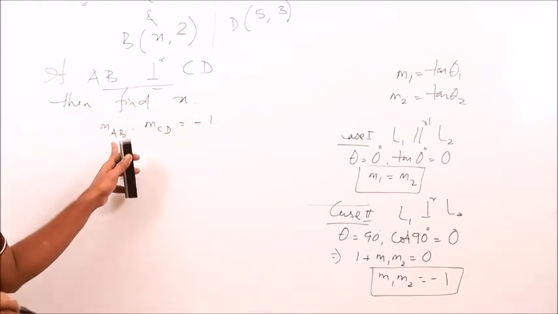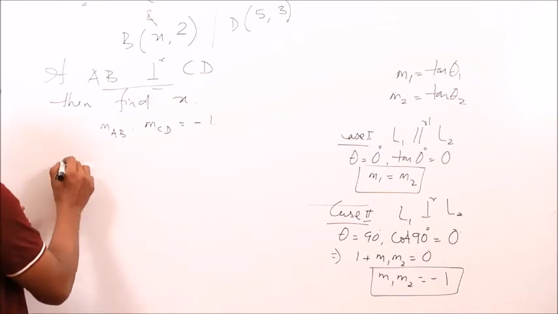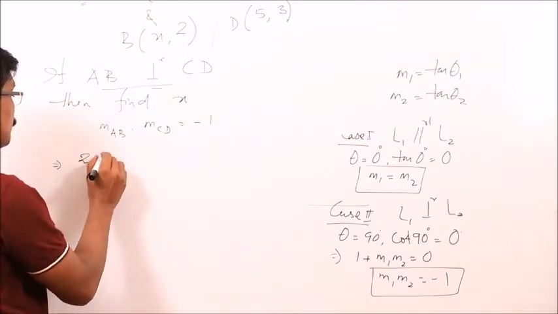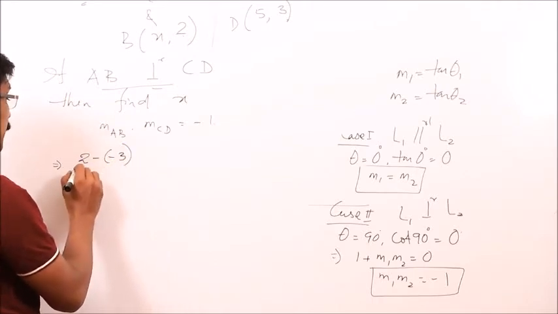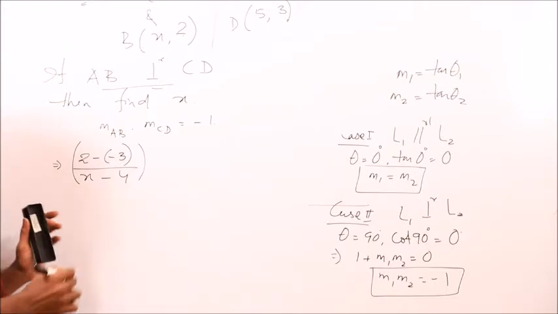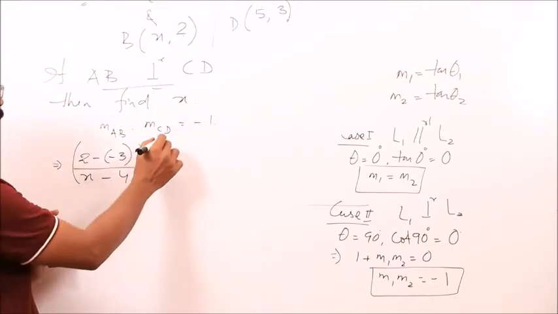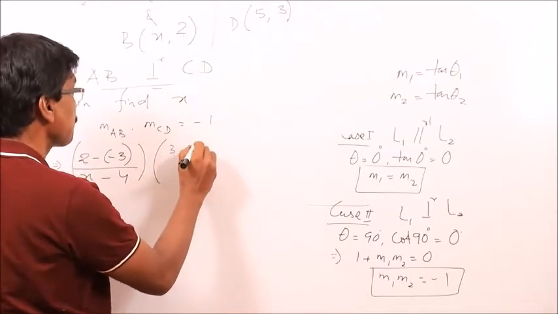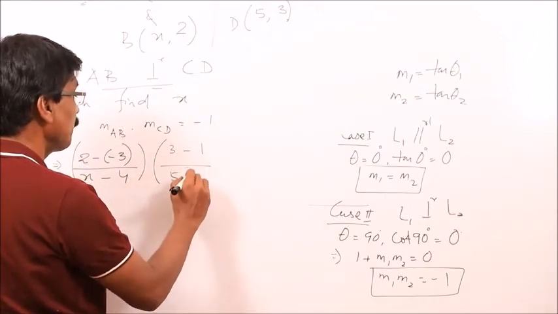Now what is slope of AB? It is simply defined by 2 minus minus 3 divided by x minus 4. That is slope of AB. And slope of CD is subsequently 3 minus minus 1 divided by 5 minus 4.